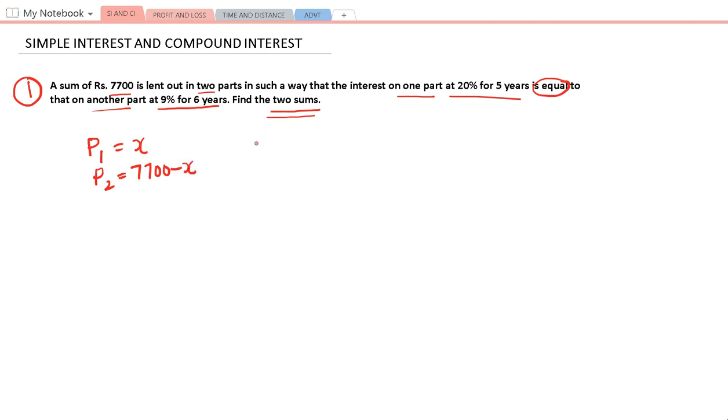Before this, what is the simple interest formula? Simple interest is principal into time into rate of interest by 100. Remember this formula.